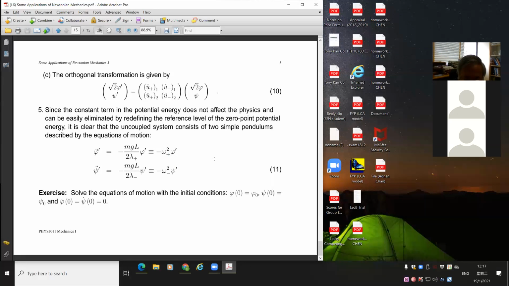Since we're familiar with the simple harmonic motion and we know the solution right away, there's no need to make effort to solve the second order differential equations, okay?